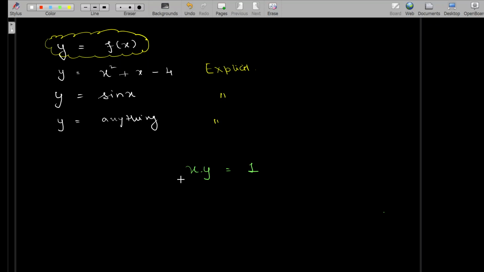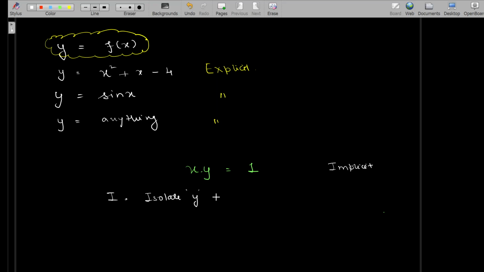Now first way, Anika, is that you can convert this from implicit to explicit. Right now this is implicit. The first method is that you can convert it from implicit to explicit, so you can isolate y.